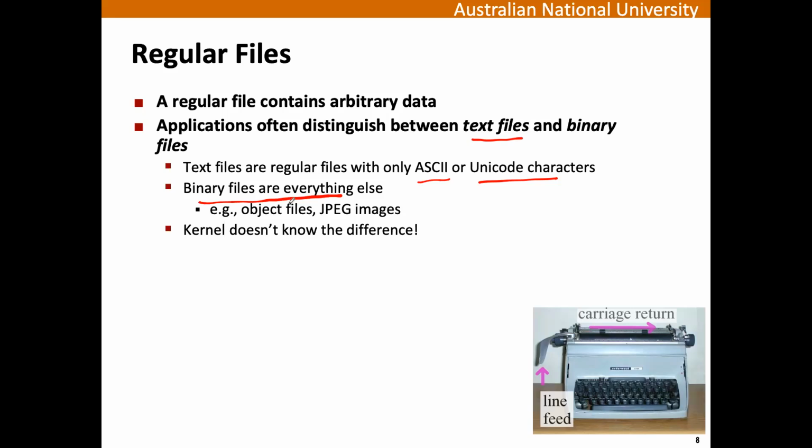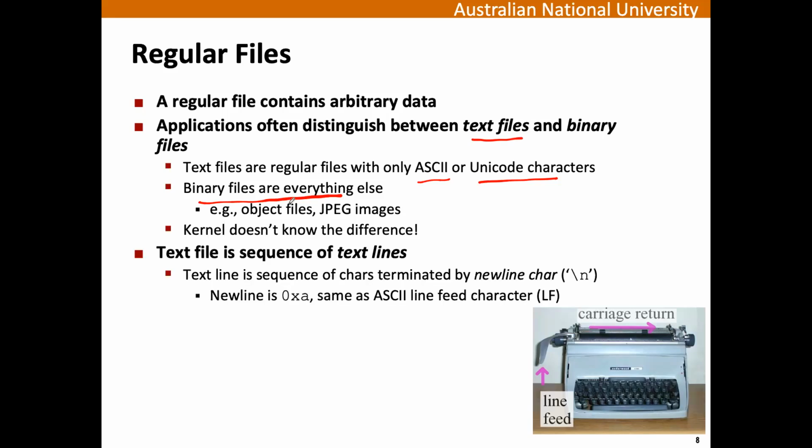And the kernel doesn't know the difference. If you read or write from a file, it just treats it as any other piece of information. A text file is a sequence of text lines. Each line has a terminating character, a newline character, which is \n. It's called the line feed.